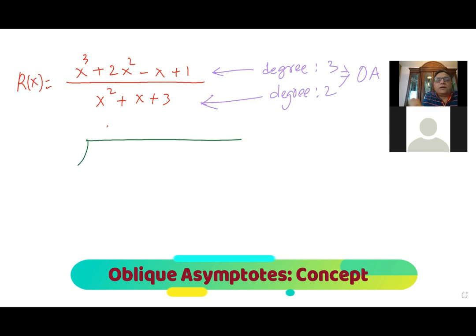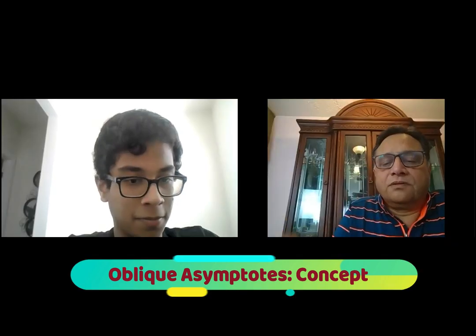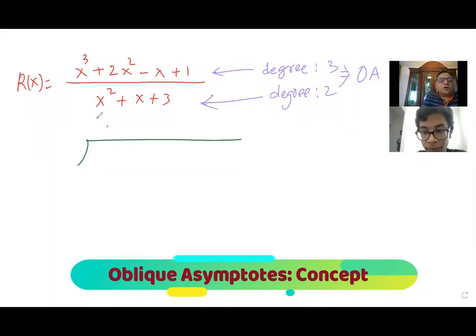So the numerator is x cubed plus 2x squared minus x plus 1.